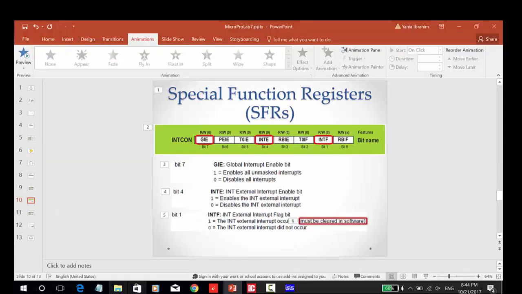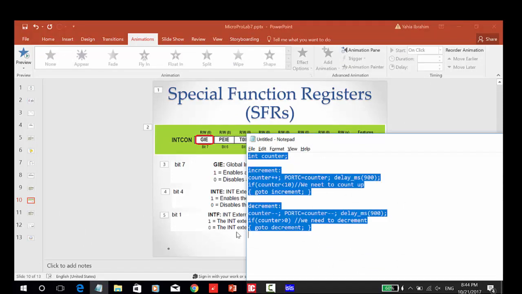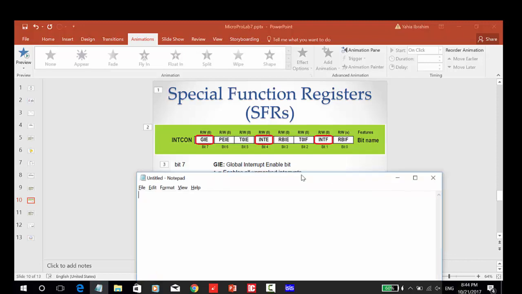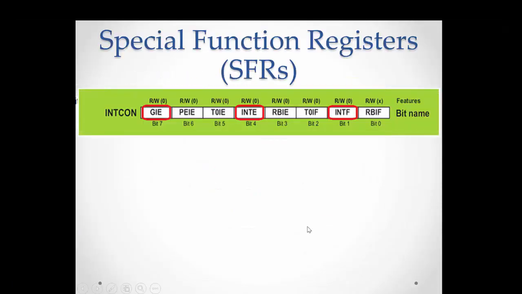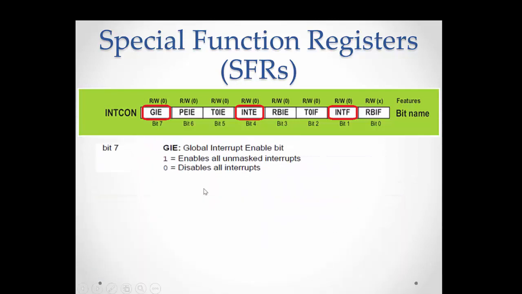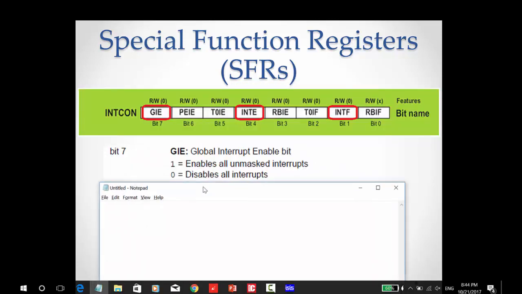Let me just open up a notepad and simply do it while we're going through this step by step. So the first thing, in order to enable the global interrupt enable bit, I need to write INTCON.